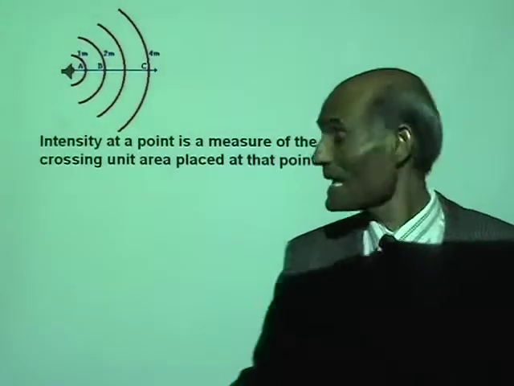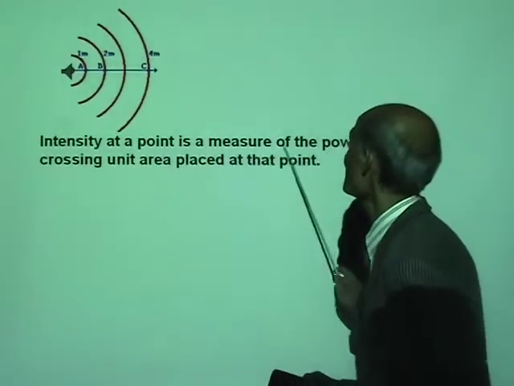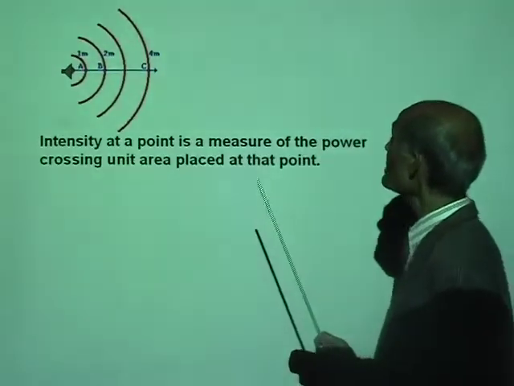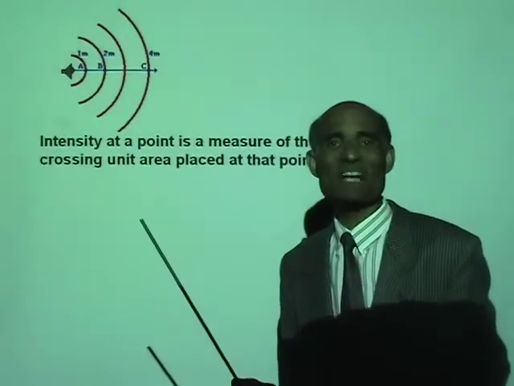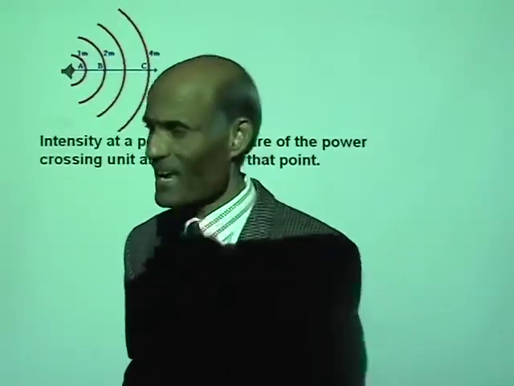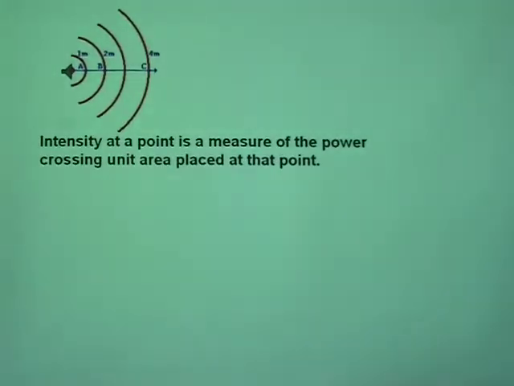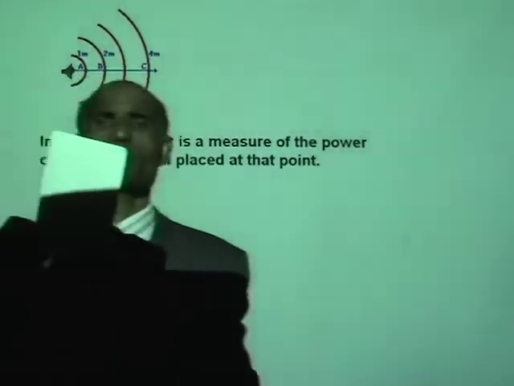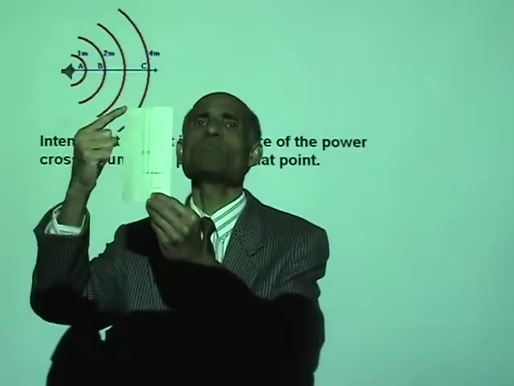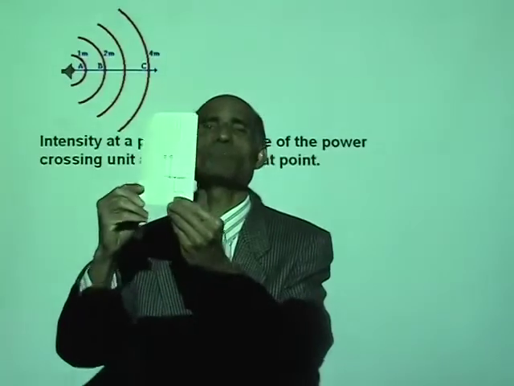Now, intensity at a point is a measure of the power crossing unit area placed at that point. In other words, if you place a unit area, now what is a unit area? A unit area is an area that is 1 square meter. Suppose this is a unit area of 1 meter multiplied by 1 meter.